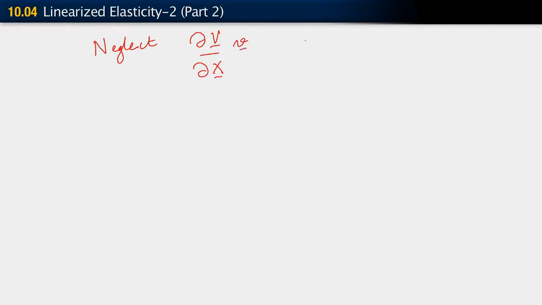So what is done is we neglect the partial of v with respect to x times v, to have linear PDEs.